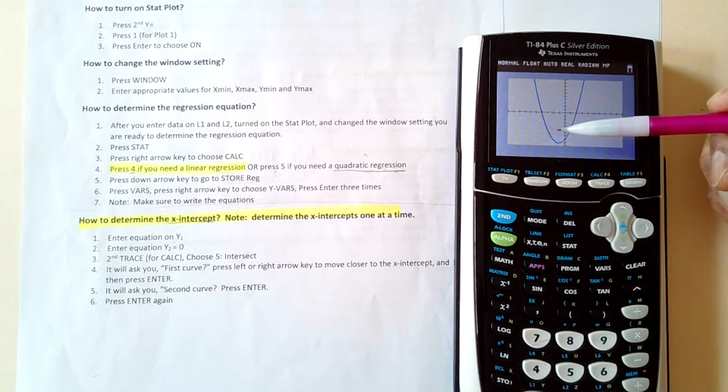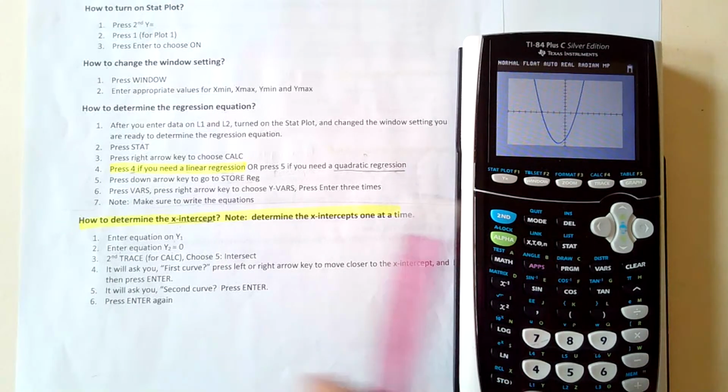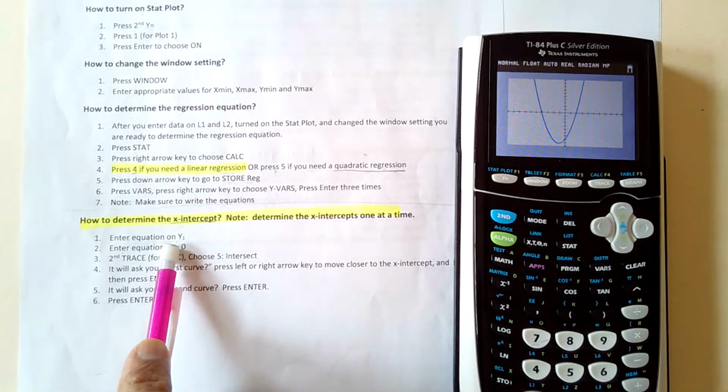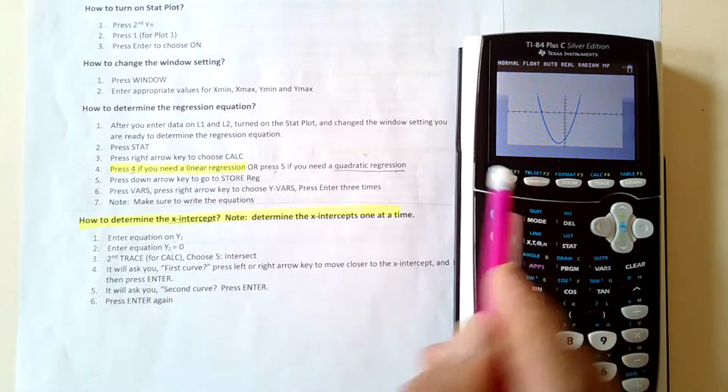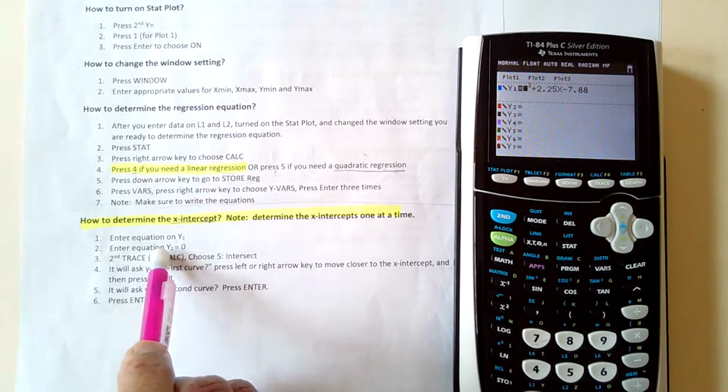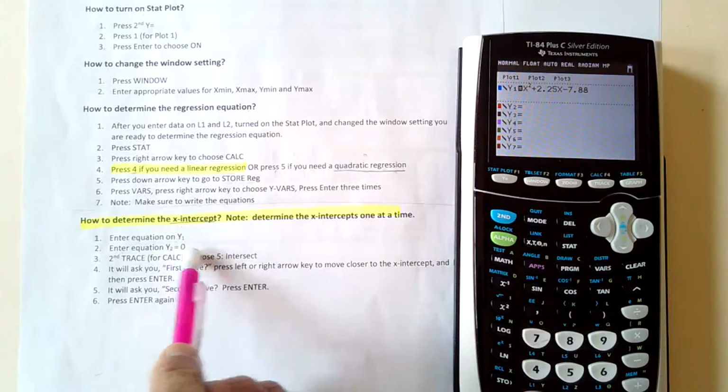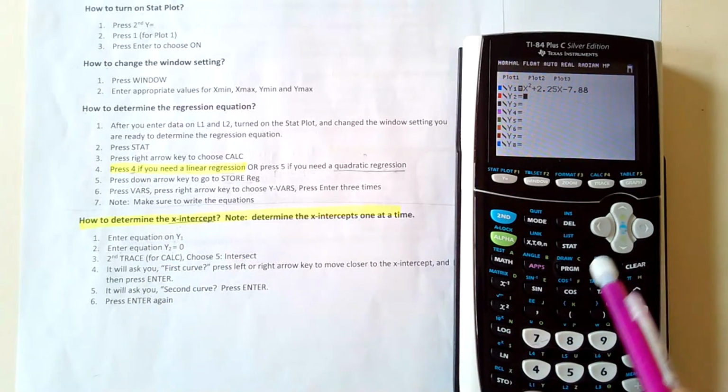So let's find our x-intercept. Now there are 2 x-intercepts here. So our instructions are: 1, you have your y equals button. Next, we want to enter y equals 0 in line 2.